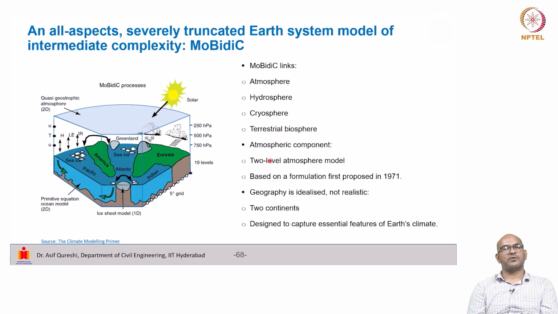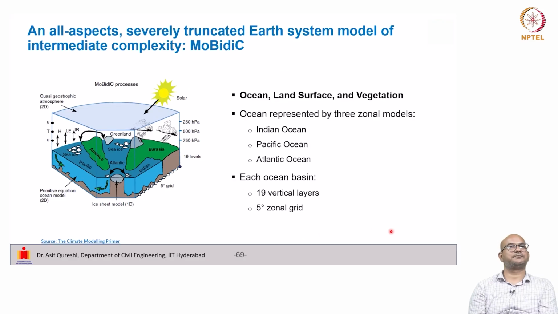The atmosphere is a 2-level atmosphere model. Geographically, it is a bit idealistic, and there are only 2 continents, Eurasia and America, and this was made just to capture the essential features of the Earth climate. The ocean is represented by 3 zonal models: the Indian Ocean, the Pacific Ocean, and the Atlantic Ocean.